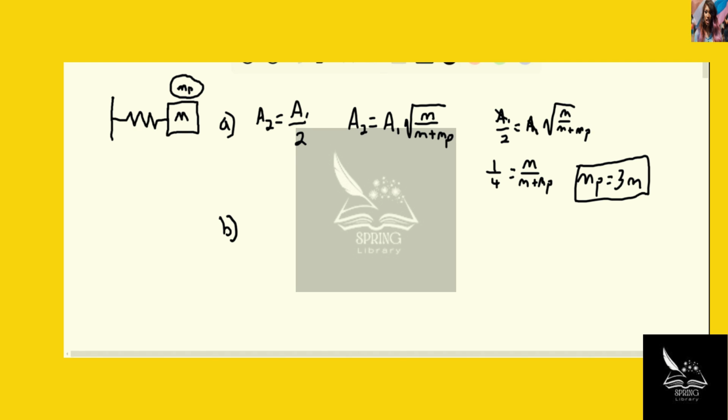So what we're going to look at right here is that the energy before, E1, is going to be equal to 1/2 times the spring constant K times the amplitude 1 squared. That's a generic expression for the amount of energy in a spring. But we're going to look at the specific case of when it is also equal to 1/2 mv squared.